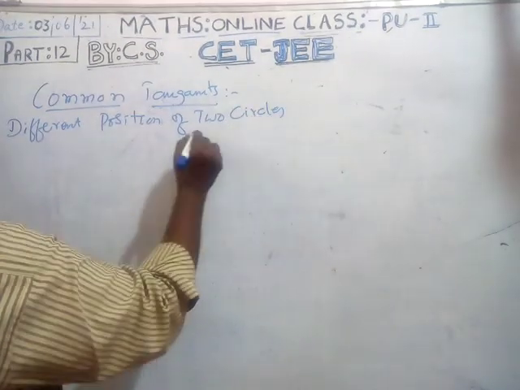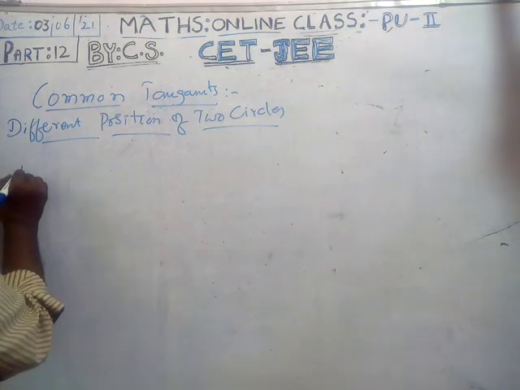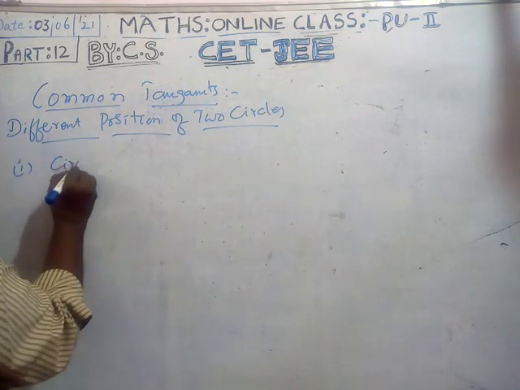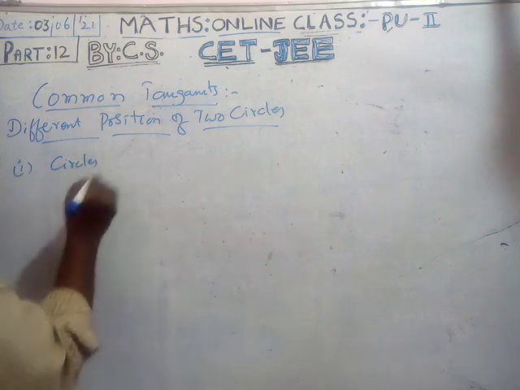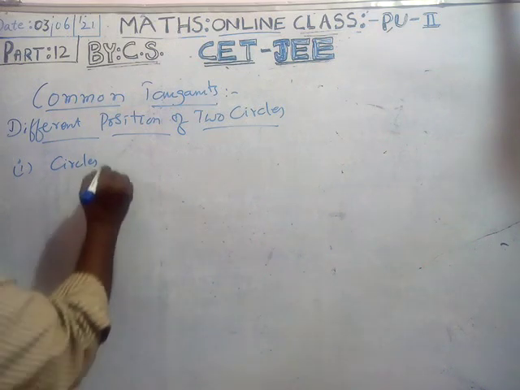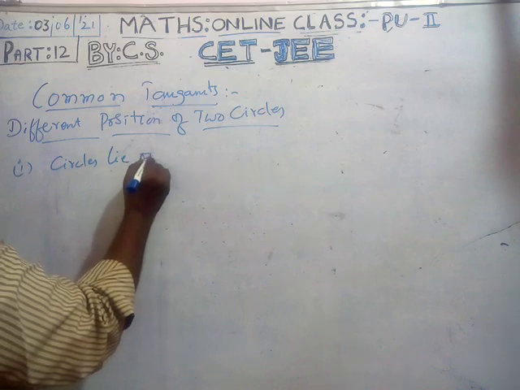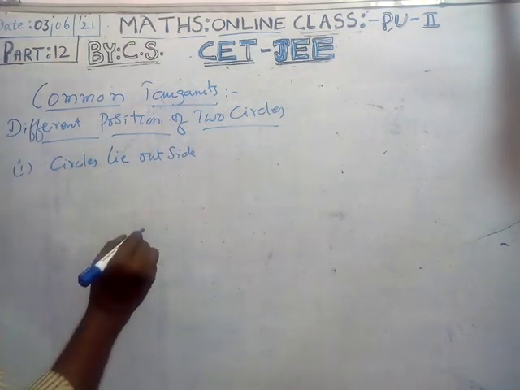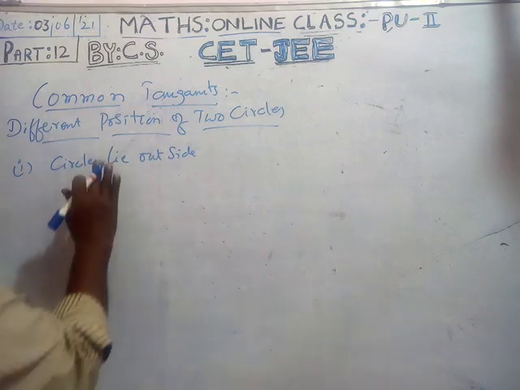The main important concept. Number one: two circles lie outside, or otherwise the circles are apart from each other.